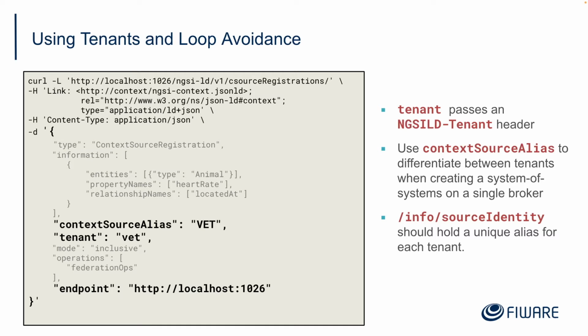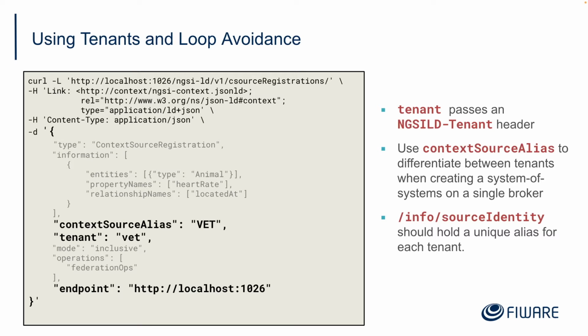So there is this thing called context source alias, which can come from the info source identity endpoint, which will say, as far as I'm concerned, this source has got this unique ID, the vet. Well, that could well be based on a tenant, or it could be a default.